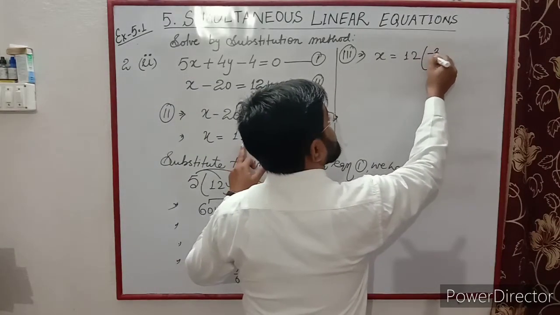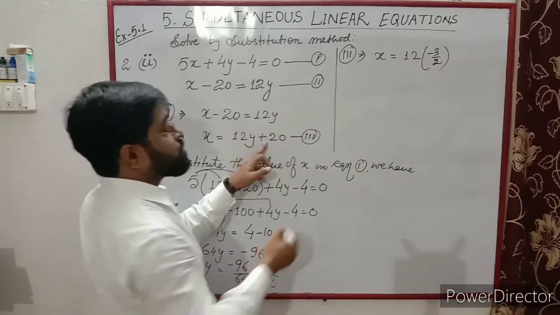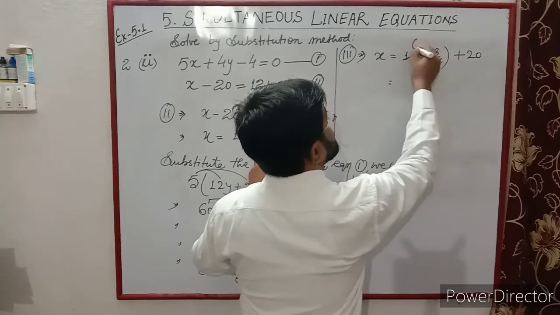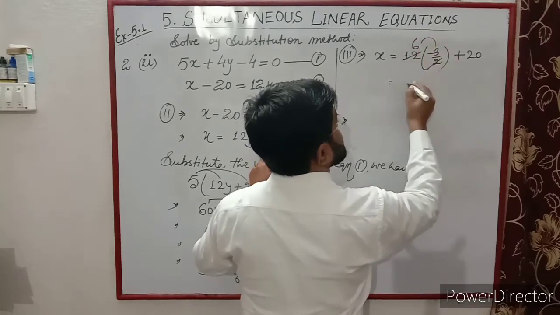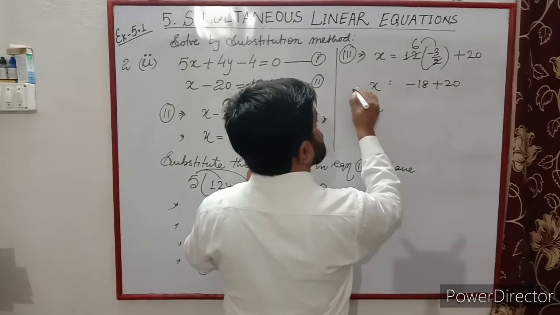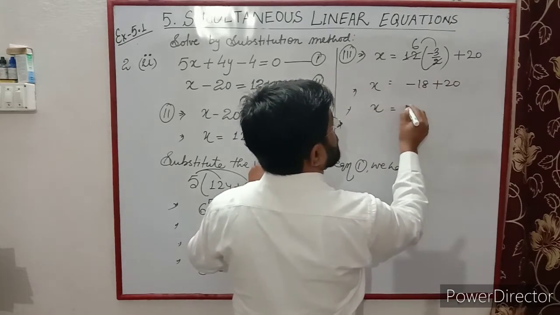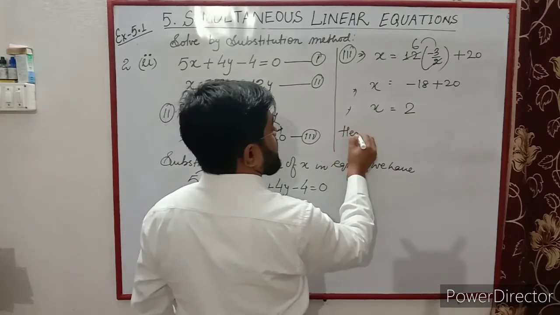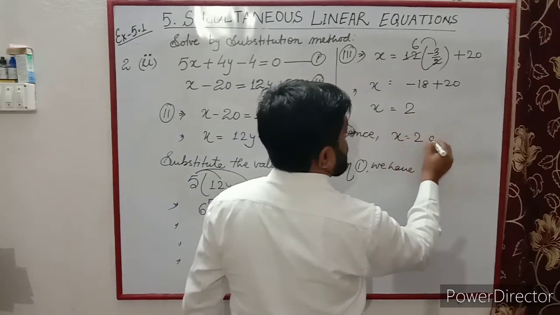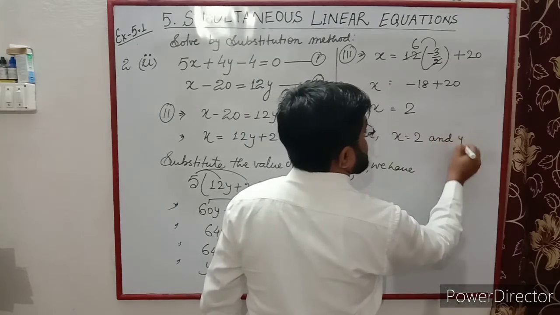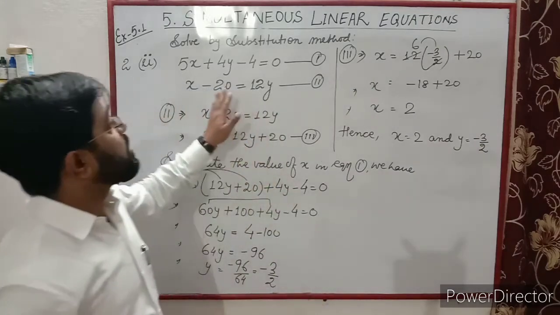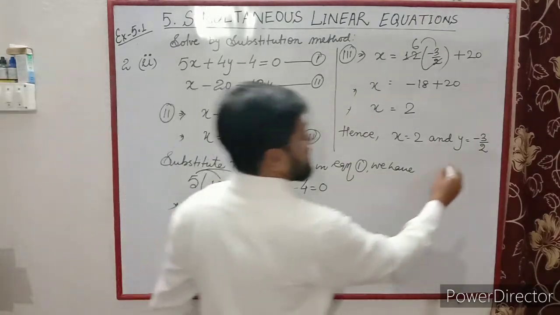So 12 times minus 3 by 2 plus 20. Now 2 sixes are 12. So 6 threes are 18. So minus 18 plus 20. So x is equal to 2. Hence x is equal to 2 and y is equal to minus 3 by 2 is a solution of a pair of linear equations. That is the answer.